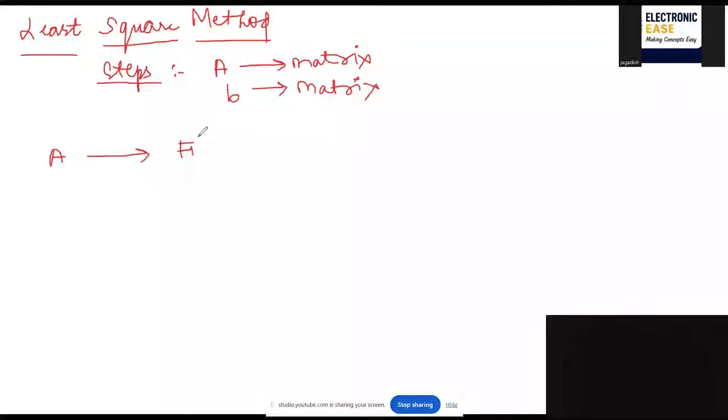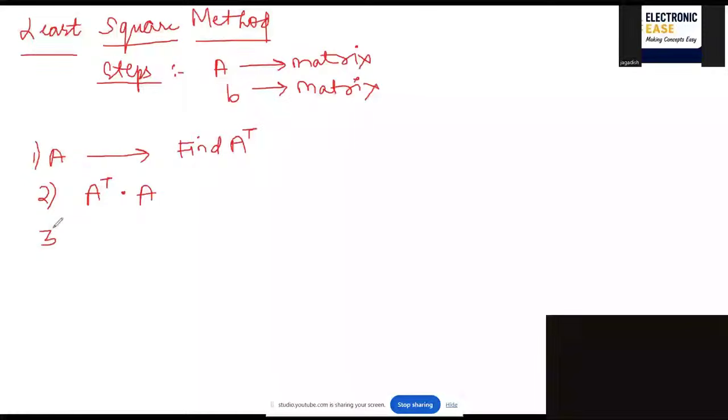Whatever the A matrix they are given, you need to find the A transpose. After finding the A transpose, you need to find the product of A transpose and A. So A transpose into A.